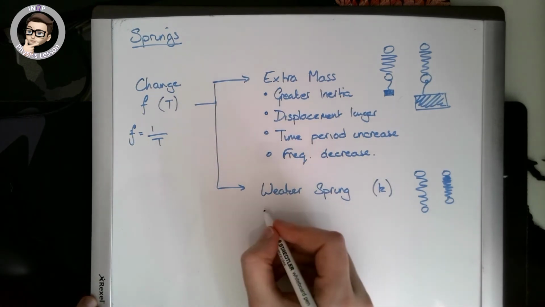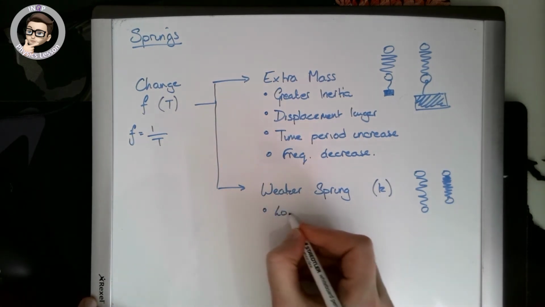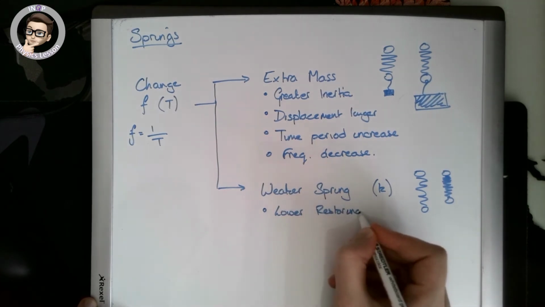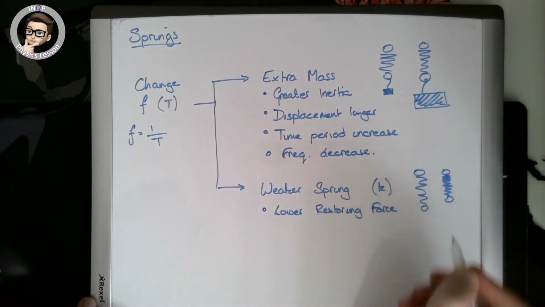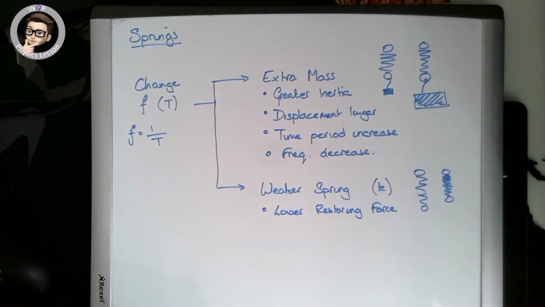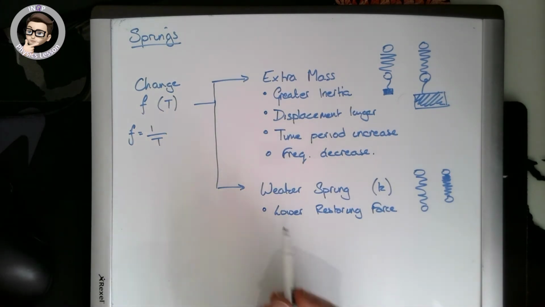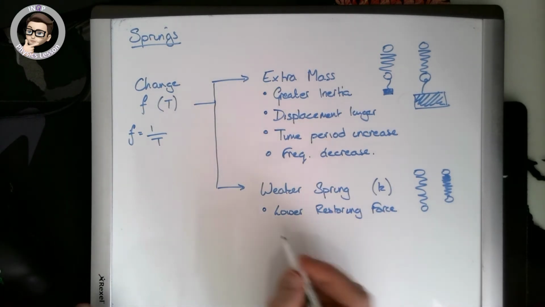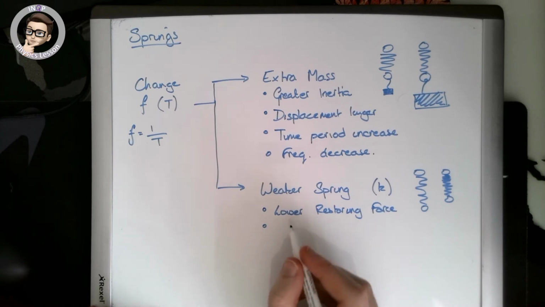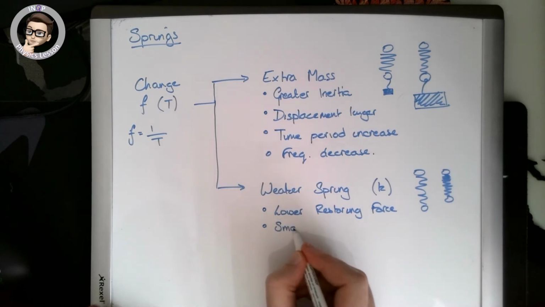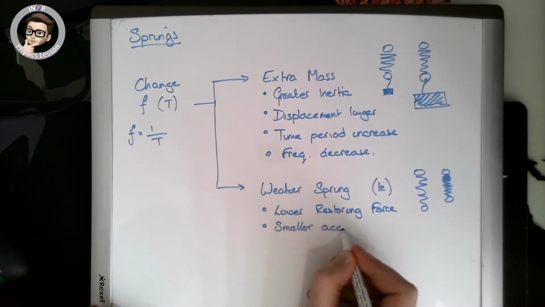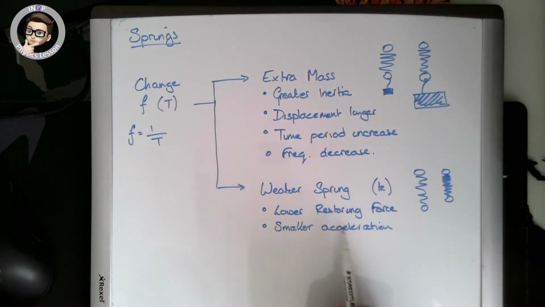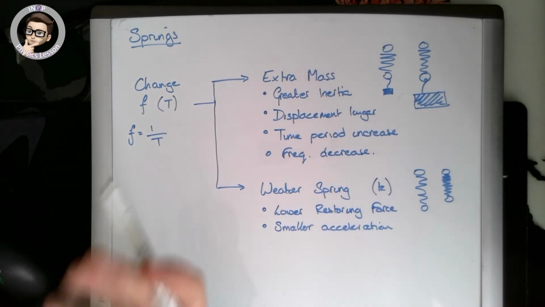So a weaker spring has a lower restoring force. In other words, it can't pull back as much as a stronger spring. If it's got a weaker or lower restoring force, you know what force can link to. It can link to acceleration. So it must have a smaller acceleration. So it takes longer for it to decelerate at either end.